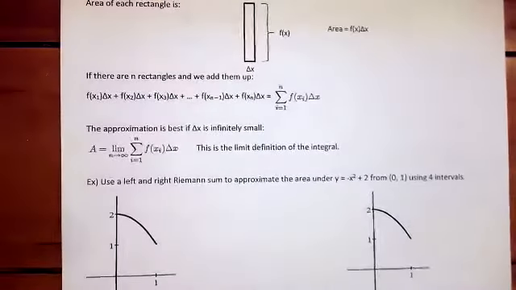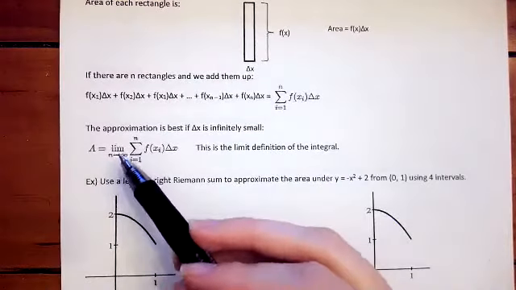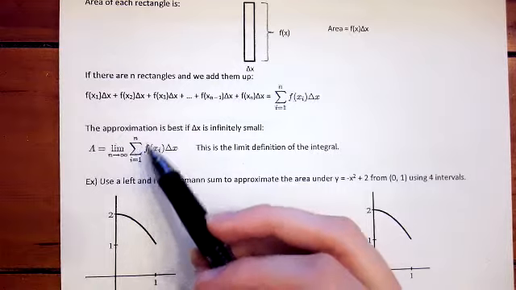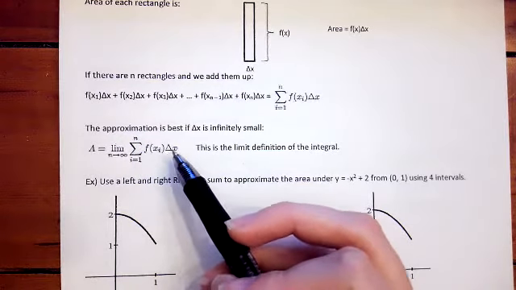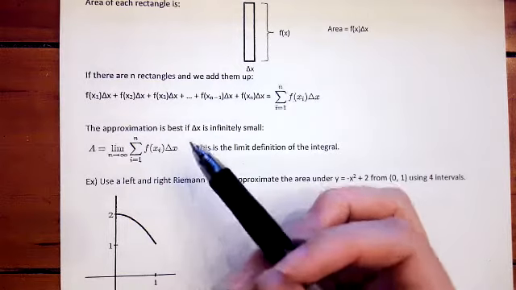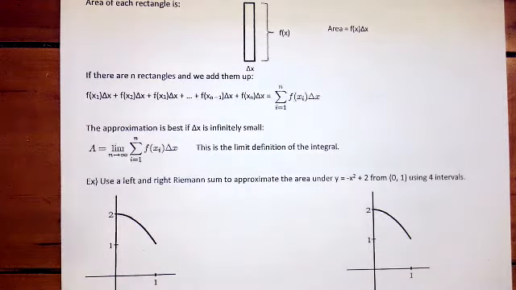And our approximation will be the limit as n goes to infinity of the summation of f of xi times delta x, because this delta x is getting really, really small as we add more and more rectangles to it. Okay.